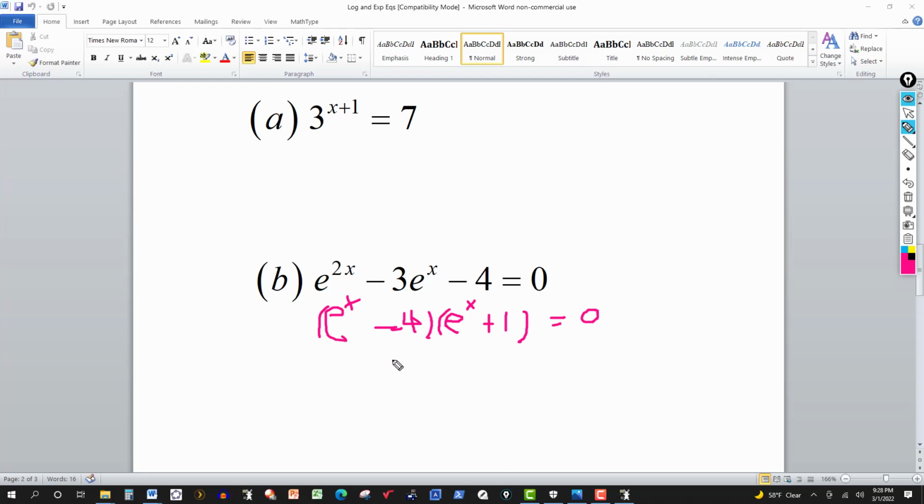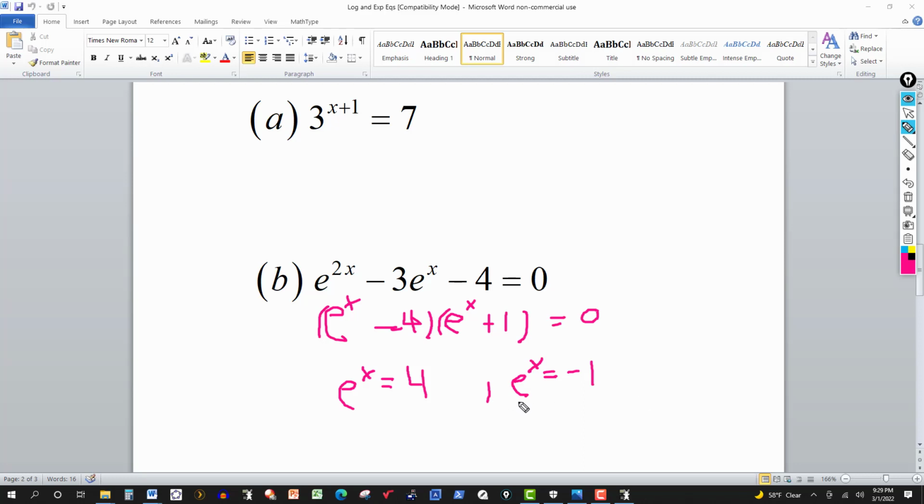The product is equal to 0, so that means either one of the factors is 0 or they're both 0. So I simply set each equal to 0, and from the first factor I would get e to the x equals 4, and from the second one I would get e to the x is equal to negative 1.